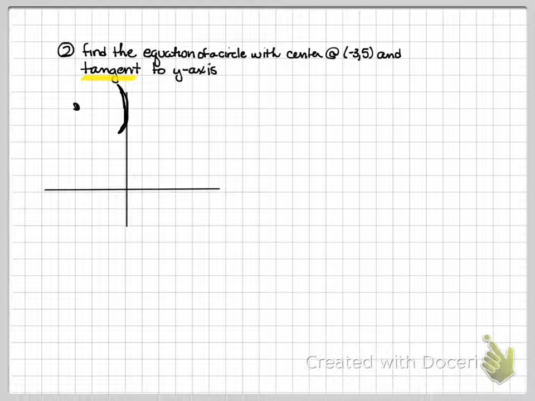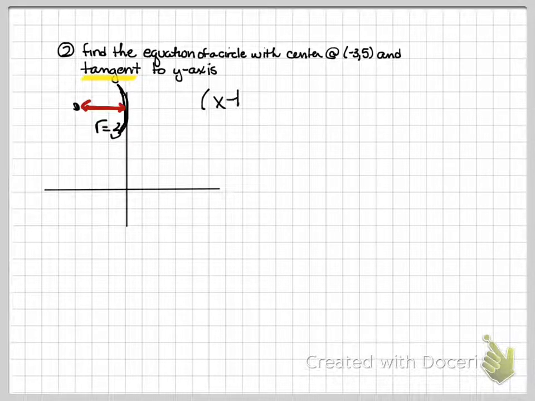Now the cool thing is, if you notice, this distance right here, that's going to be your radius. And so our radius is equal to 3. Well, that's enough to write our equation. We know our center already.